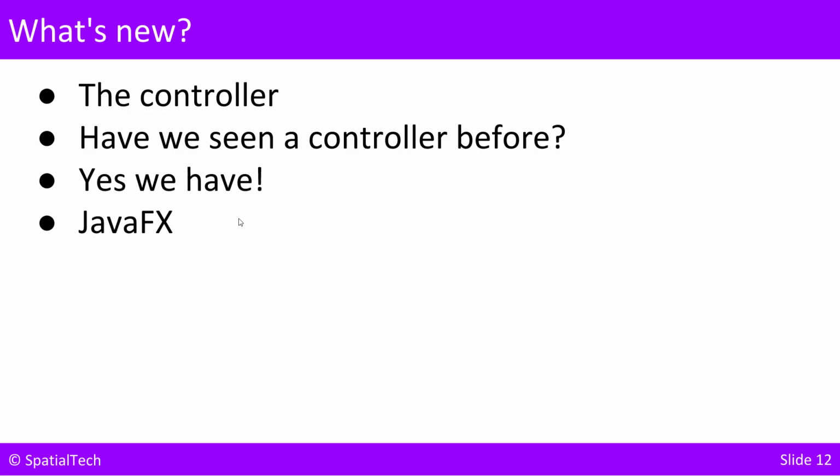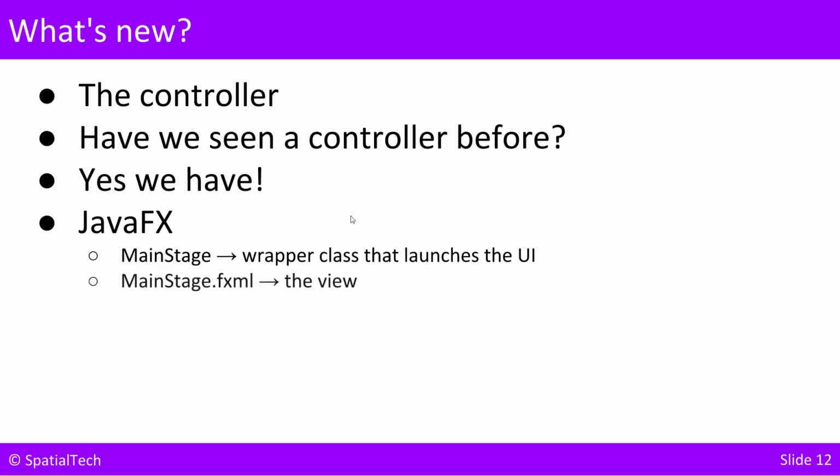there's ways you can get around not having a controller. But if you use JavaFX and we use Scene Builder, there's a very distinct separation between your code, right, and the view. So the view is actually stored in a different language, that sort of thing. So main stage was a wrapper class that just launched the user interface, the view, right? Main stage FXML, that FXML gets turned into what the user is going to see on the screen, the menus, the dialogues, the buttons, the canvases where the maps are drawn.